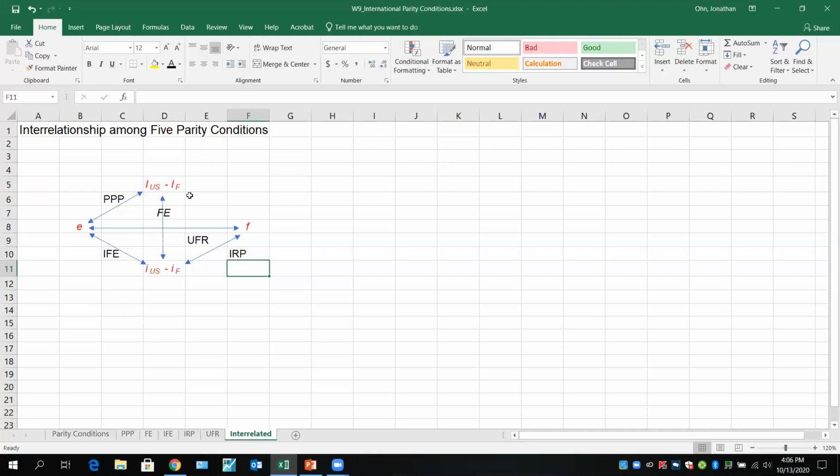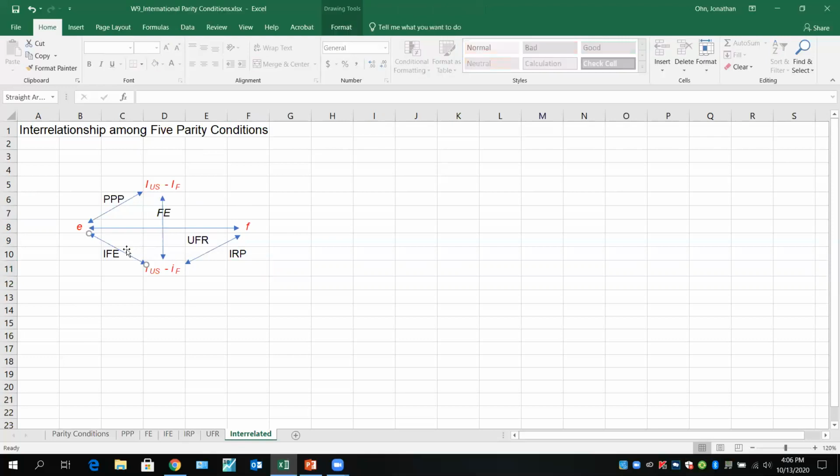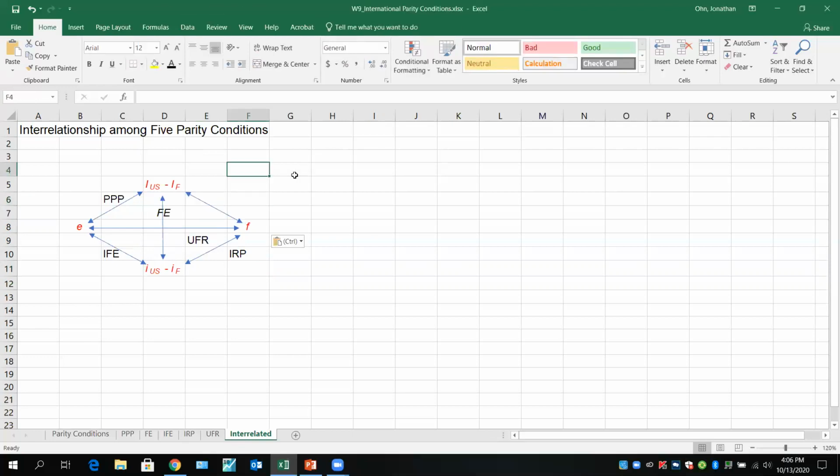Now, what about this one here? There's one missing. So let me copy and paste there. There should be some theory that explains this one and this one. We don't have one. But do you remember the chemistry, the university chemistry?